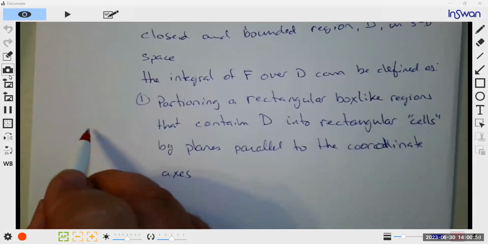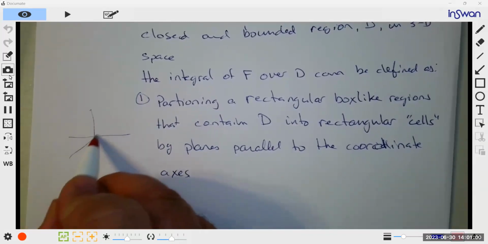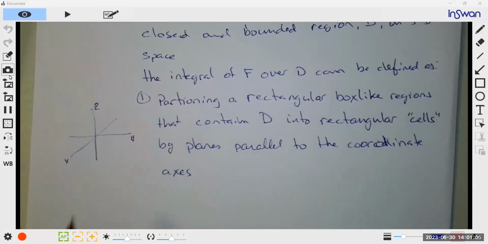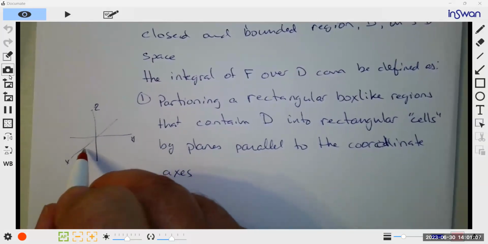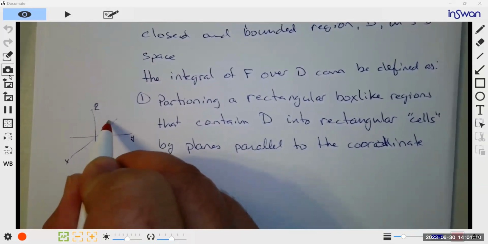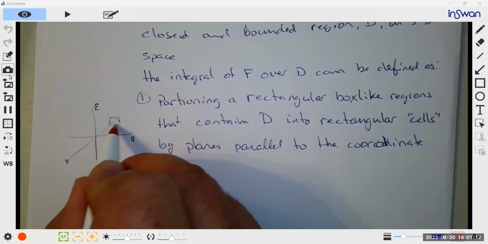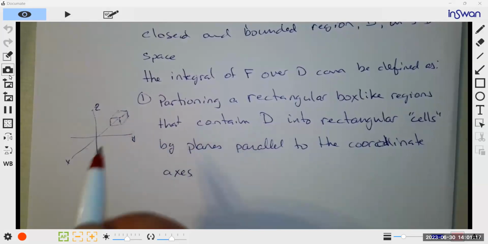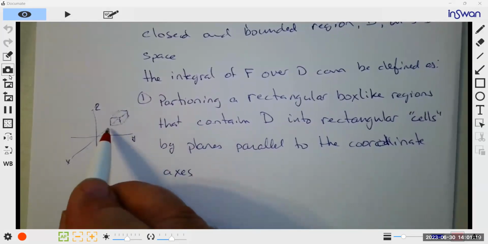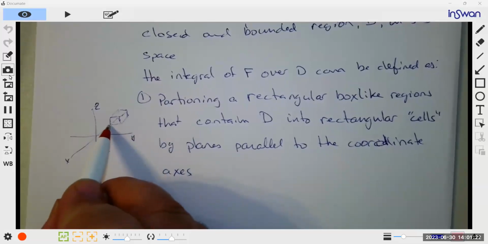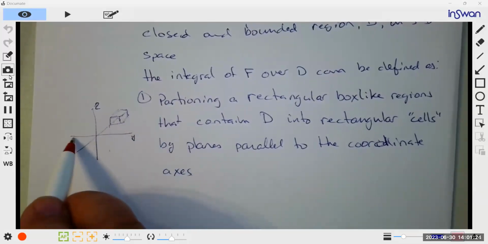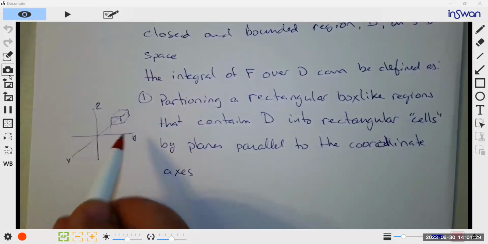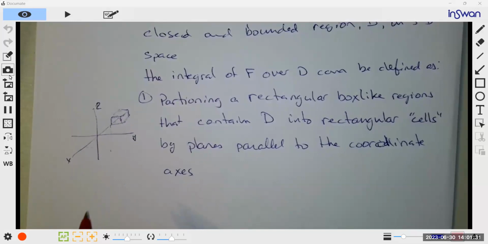What that means is here we have our X, Y, and Z. So if we define, let's say, an object, a rectangle here, the x components, the ones that intersect the x-axis, are parallel to the yz plane.